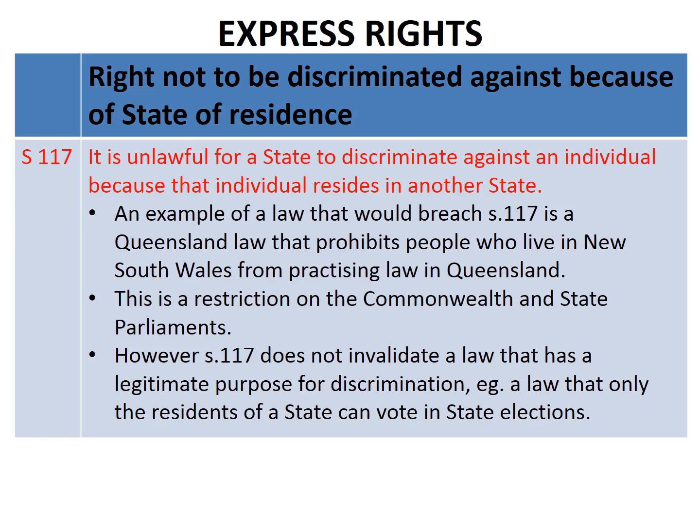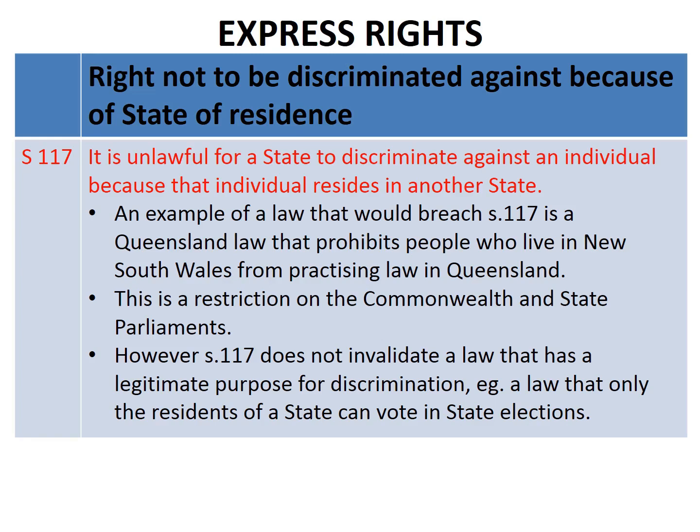Another way of putting this is that Section 117 says that it's unlawful for a state to discriminate against an individual because that individual resides in, that is, lives in, another state. An example might help. Suppose that the Queensland Parliament passed a law that prohibited people who lived in another state from practicing law in Queensland.